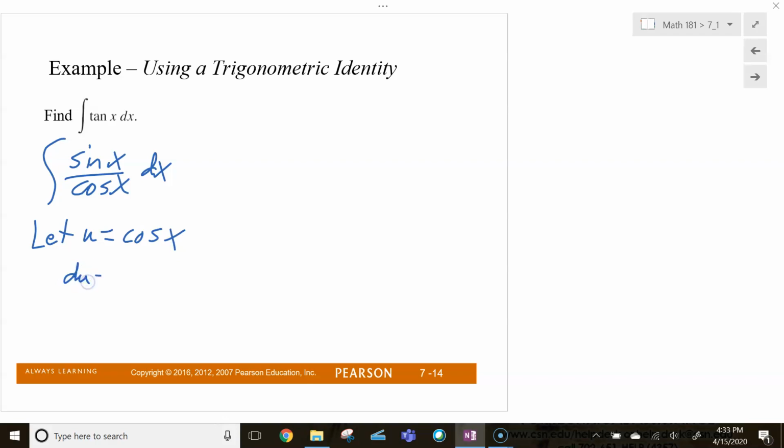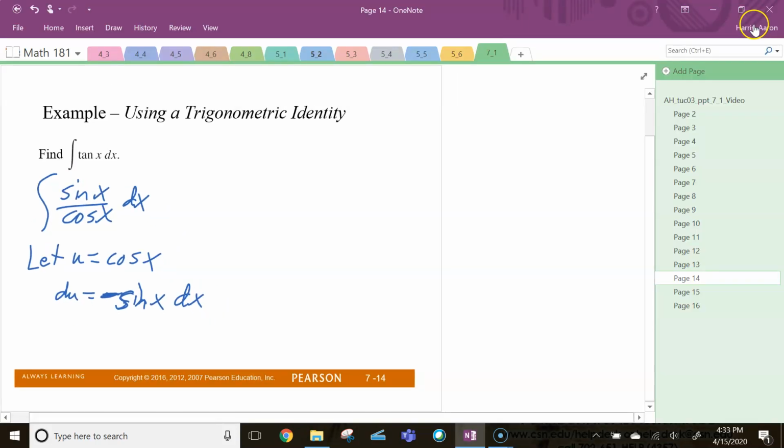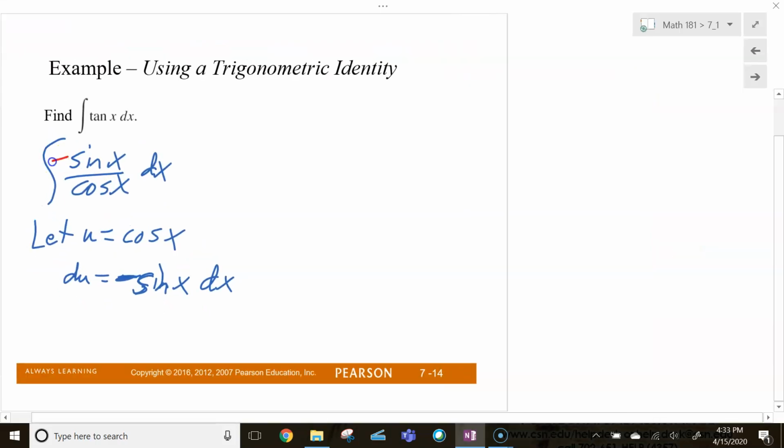So du dx would be negative sine x dx. Now I have sine x dx, I don't have negative sine x dx. So I'm going to go ahead and add in the negative, so I have negative sine x dx, I got to offset it on the outside. So there's my du part, right?